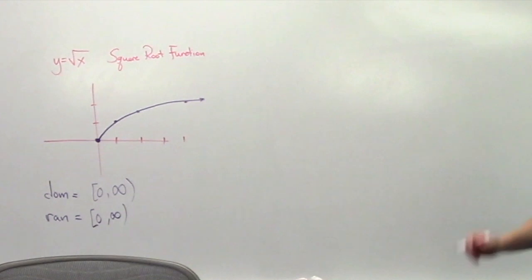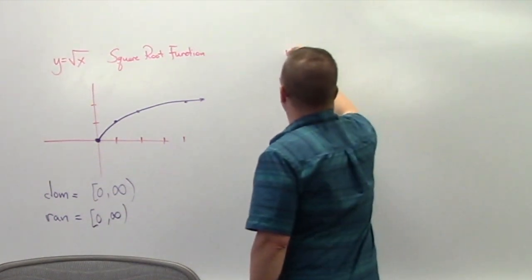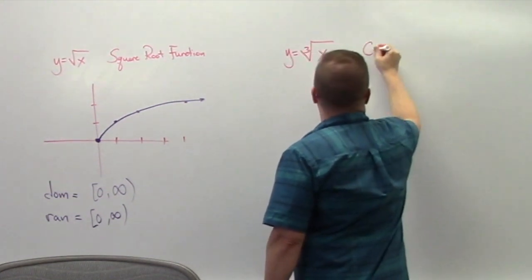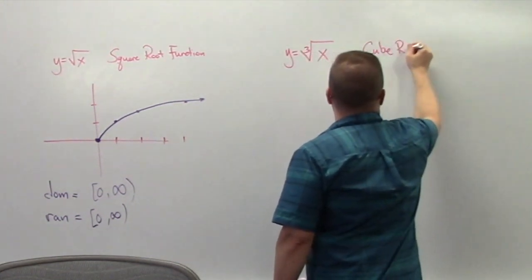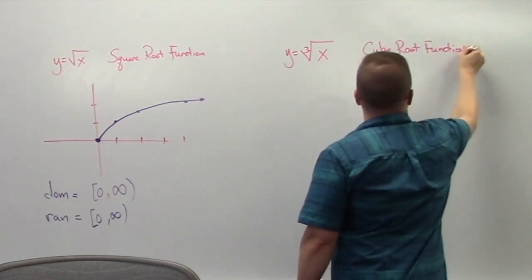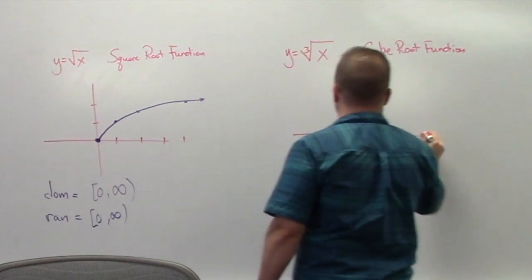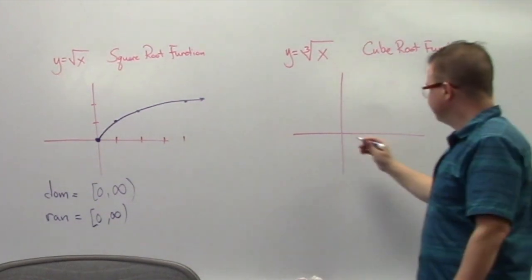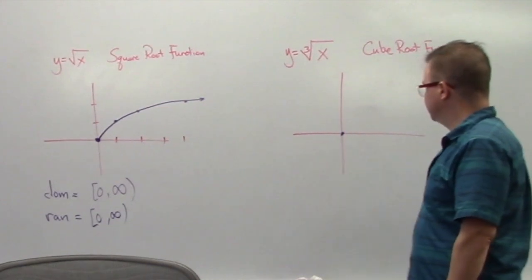Let's see, 1, 2, 3, 4, 5, 6. Well, the cube root of 0. And the cube root of 1.